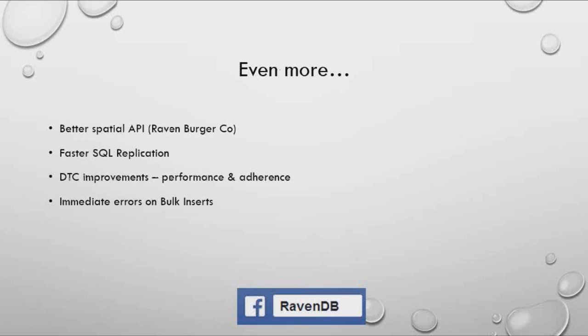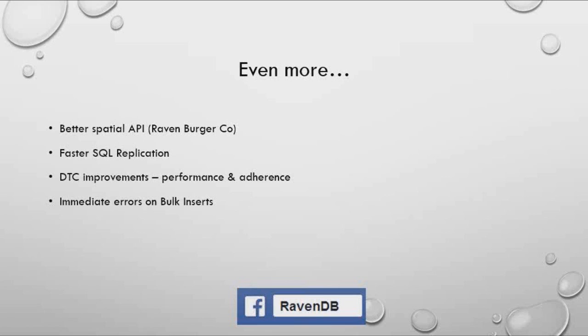Even more, we have a better spatial API, support for well-known text, support for shapes, a whole bunch of stuff like that. I would like to thank Simon Bartlett for doing a lot of the work there. We have faster SQL replication. We have been able to optimize the way that we are doing things.